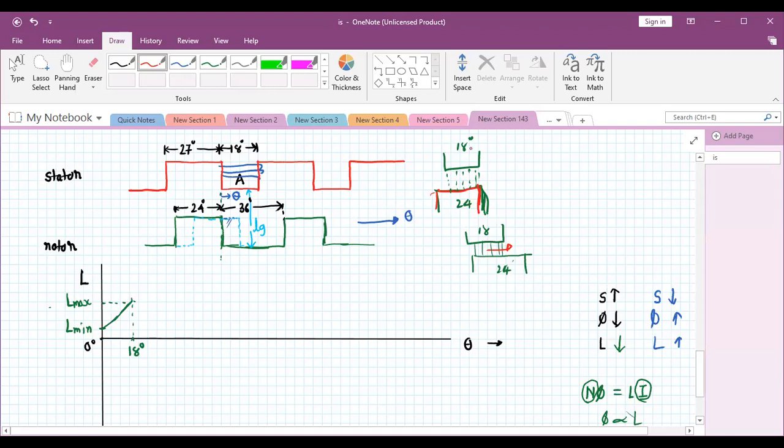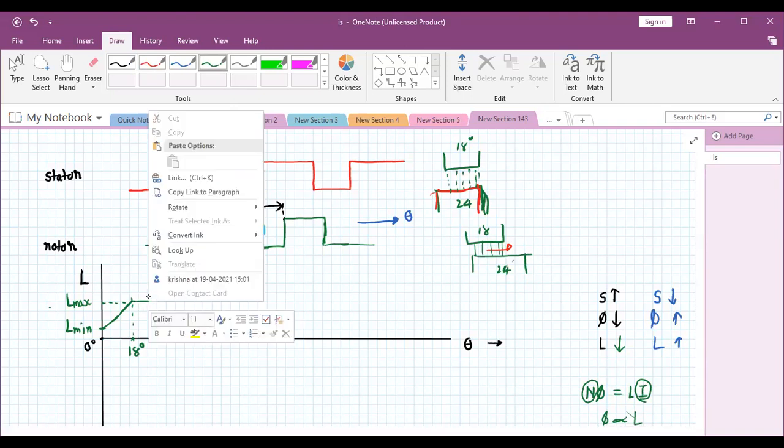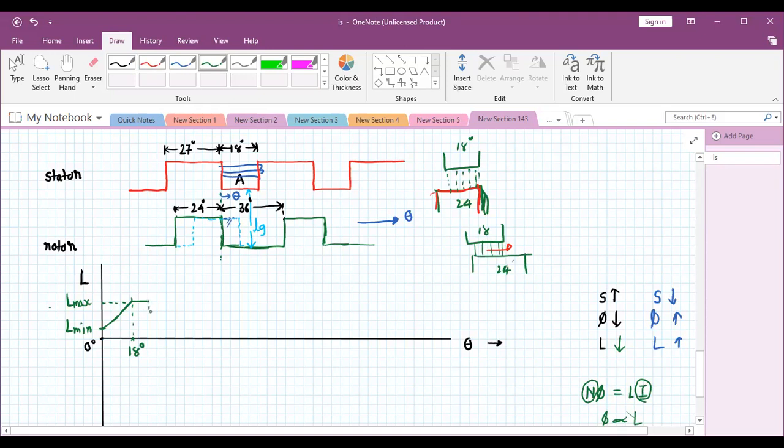Okay, 24 minus 18. So your inductance remains constant for 6 degree. Is it clear? So for that particular duration, your inductance is constant.